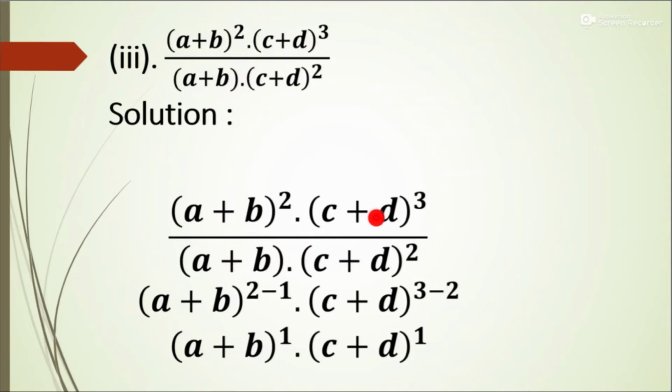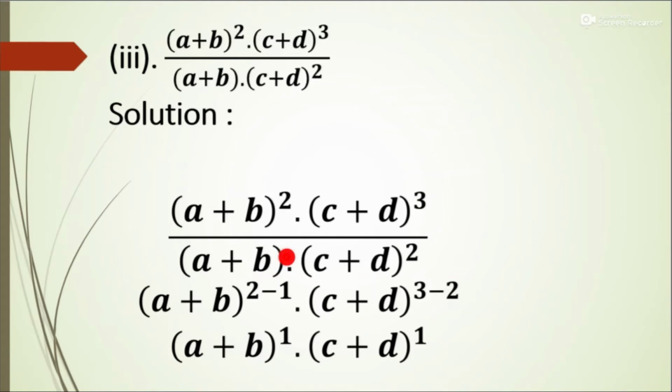Now c plus d and c plus d are both the same base. Now we compare, we take the power 2 minus 1, because a plus b is the same base, and a plus b, so we can add the powers of both.